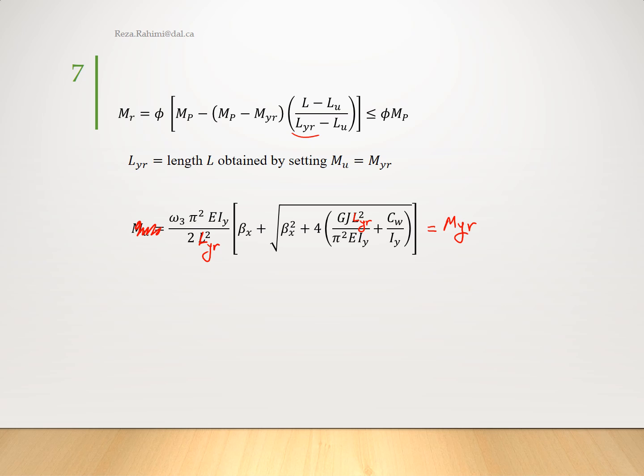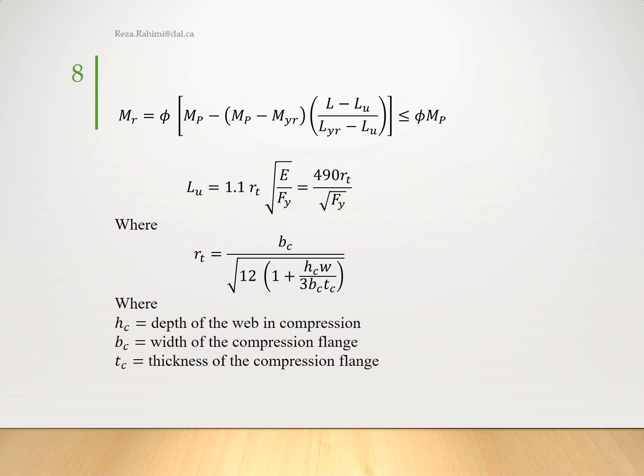So if we solve this equation, we can find LYR. But probably solving this equation is a little bit hard or needs a professional calculator. But you can do it by trial and error: put, for example, an initial value for LYR and get MYR, and change that initial value until you get MYR close to the actual MYR.